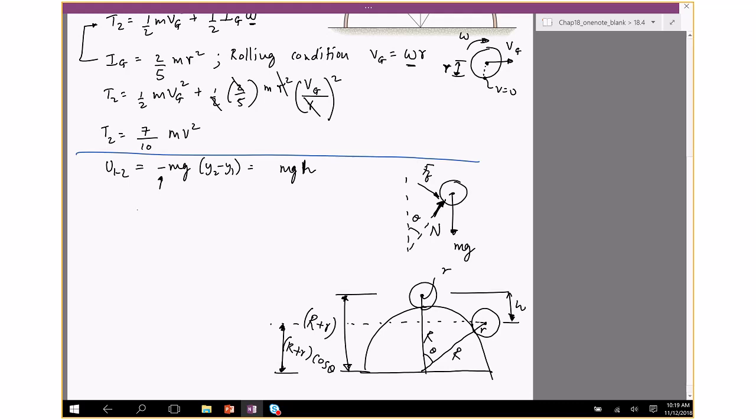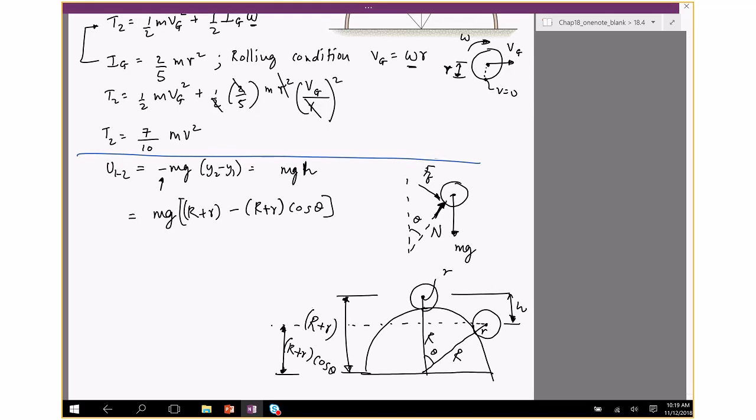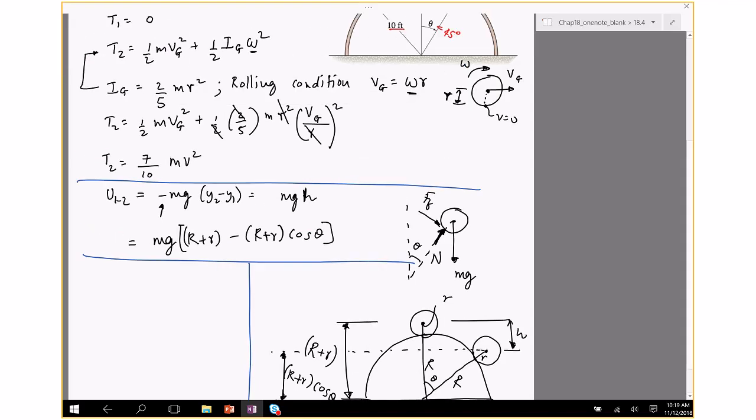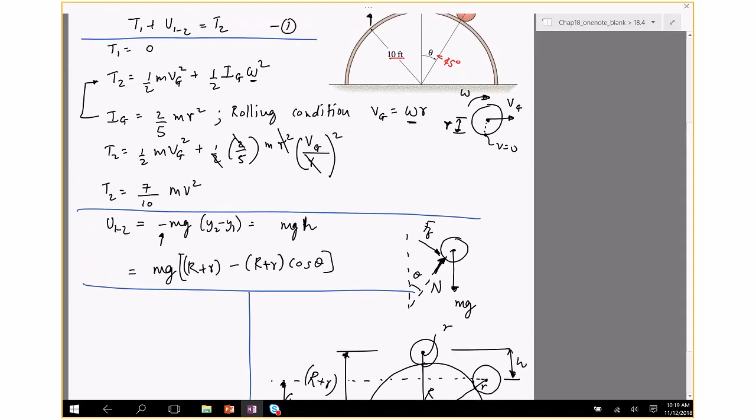So U12 is mg times R plus r minus R plus r cosine of theta. And so we're all set now to put these expressions in the original expression from 1.